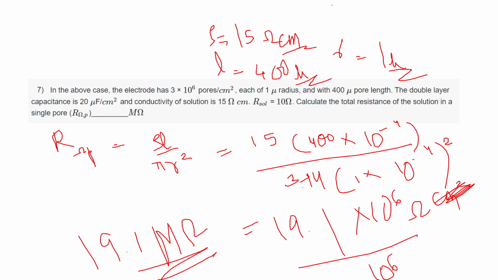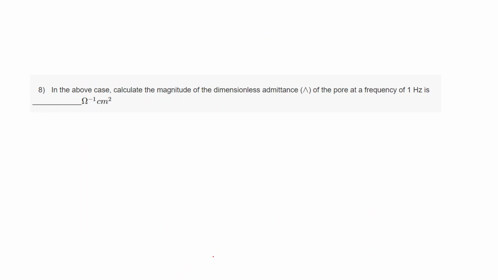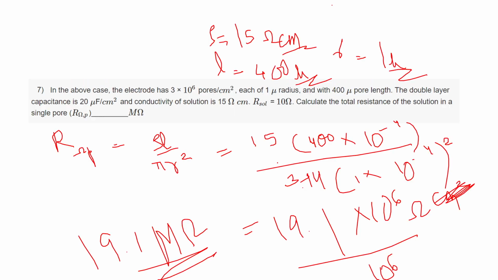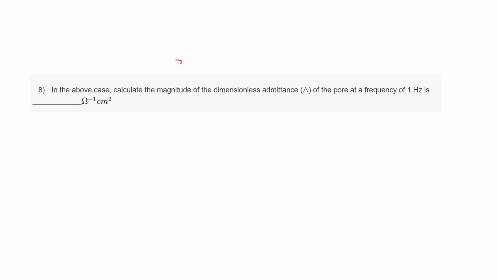Now we'll go to the next question. In the above case, you have to calculate the admittance of the pore at the frequency of 1 hertz. Here, how will you do this? Basically, all the other values remain the same. You have R as 1 micron, L value as 400 micron, right?